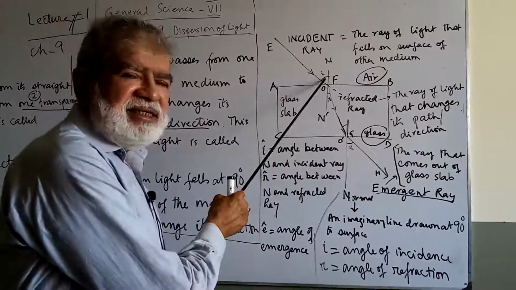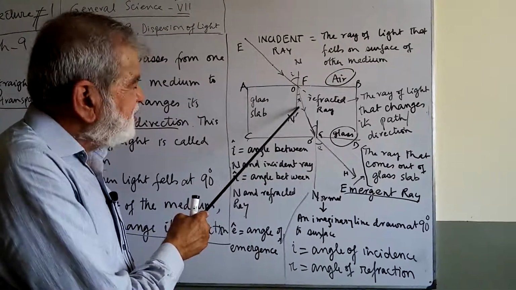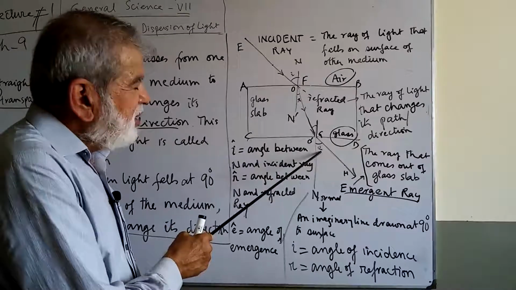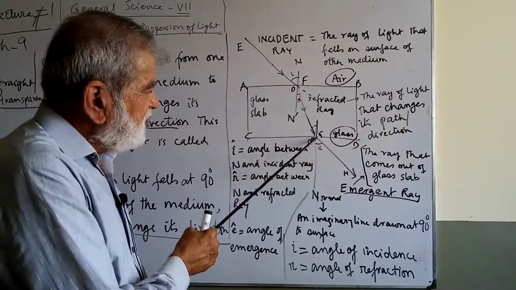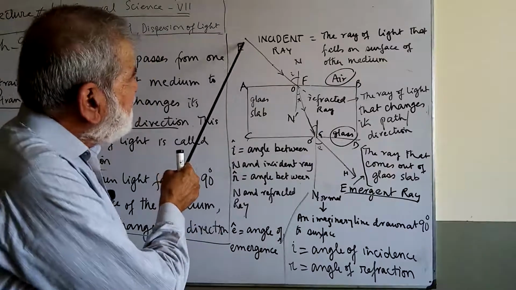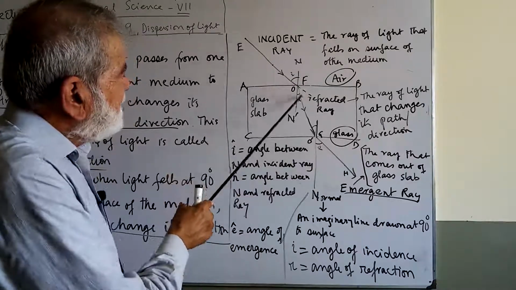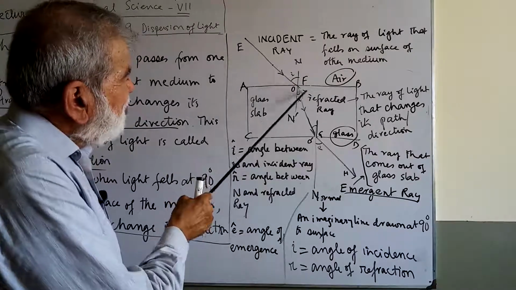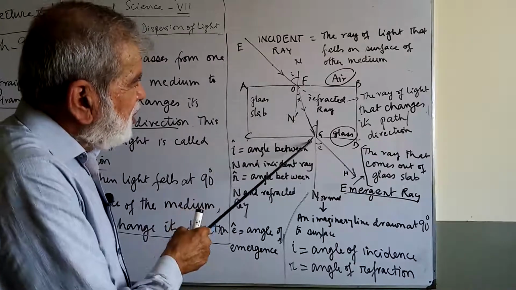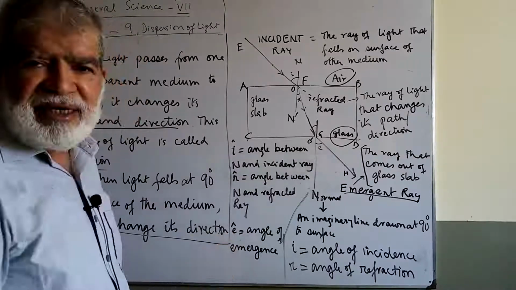Angle of incidence is the angle which the incident ray makes with the normal. Angle of refraction is the angle which the refracted ray makes with the normal, and angle of emergence E is the angle which the emergent ray makes with the normal. And this is the path of light EFGH. So light goes like this, and it should have gone like this, but because of this glass medium it changed direction. It should have gone like this, but because of this air medium it changed direction like this.